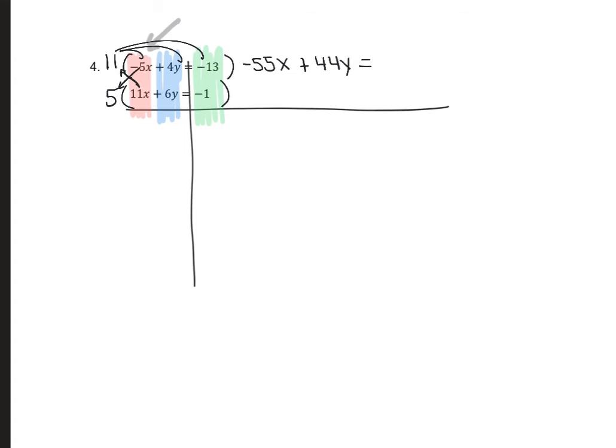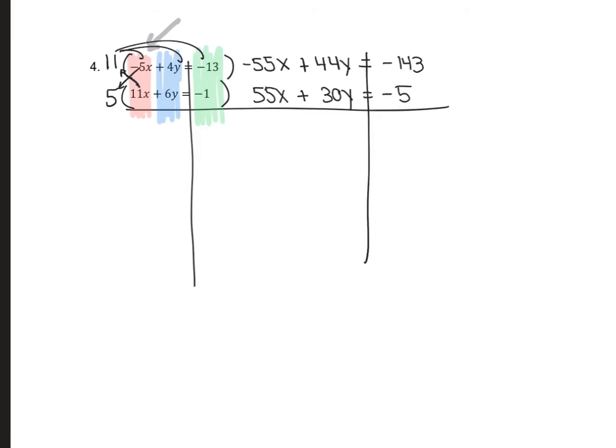And contrary to popular belief, I don't have this one memorized. 13 times 11. It's definitely going to be a negative 143. All right, bottom one. 55x plus 30y equals negative 5.